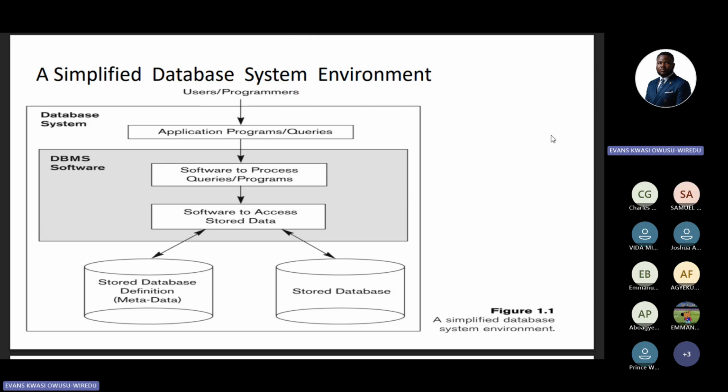Okay, so this is what I'm going to do. I'm going to drop an assignment, God willing, on Monday evening on the page on these things that you have learned. So you will see that everything will begin to make sense from here going forward. This is a simplified version of the database system environment. If you want to draw a diagram on it, I was going to let us go much deeper into this.